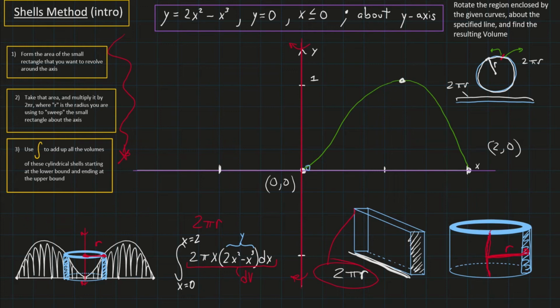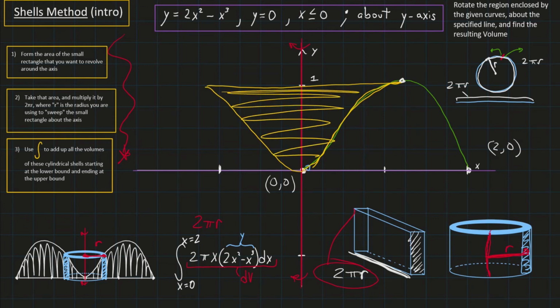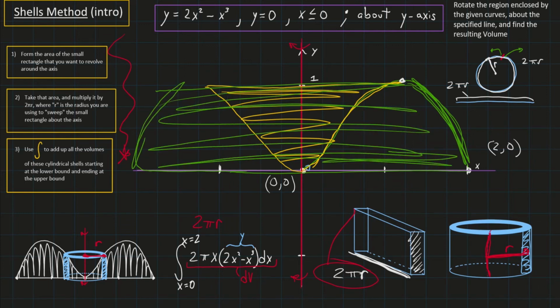I could kind of split my curve into 2. This segment here, if I rotated it around, would basically give me the small volume, and I'll keep this segment right here as green. This segment here, if I rotated that around the y-axis, that would give me this entire volume, the big volume, and then I could do the subtraction.